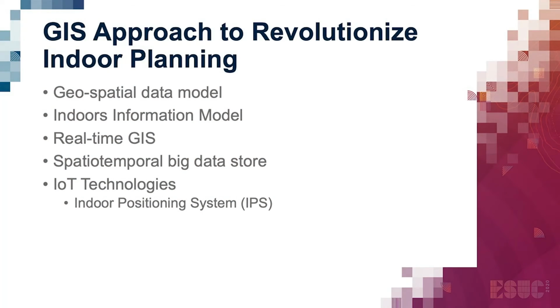In the demo you just saw, it showed the ArcGIS Indoors application and some of its functionality specific to indoor space planning. We use the GIS approach to revolutionize indoor planning by using a geospatial data model. We developed and evolved indoor information models to support real-time and historical indoor mappings and analytics.